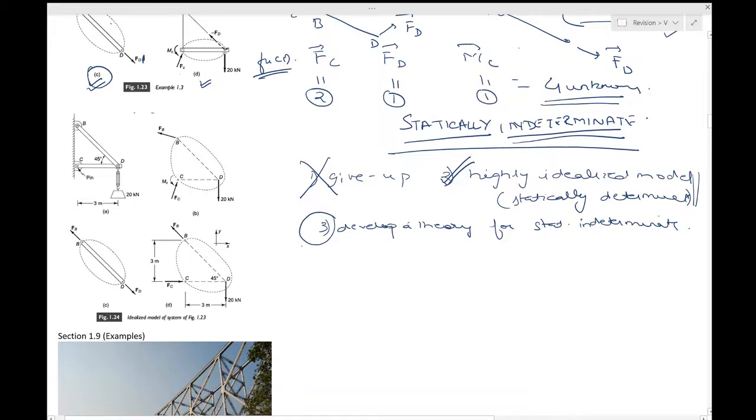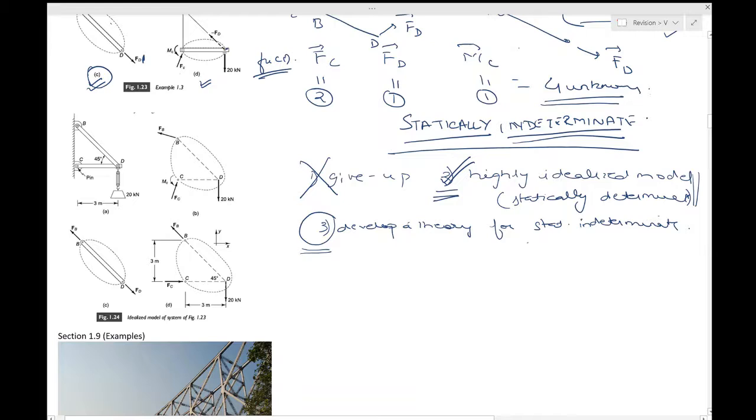We will take up an idealized model right away so that we can get our first estimations of the answer, and gradually over this course we will develop theories and concepts through which you can actually solve a statically indeterminate problem. So let's do this for now, and we'll proceed in the later chapters for the very same problem and learn more theories so that we can solve it eventually.